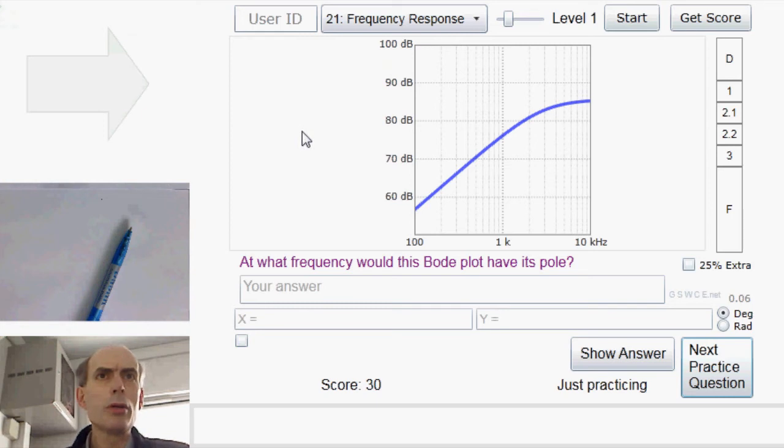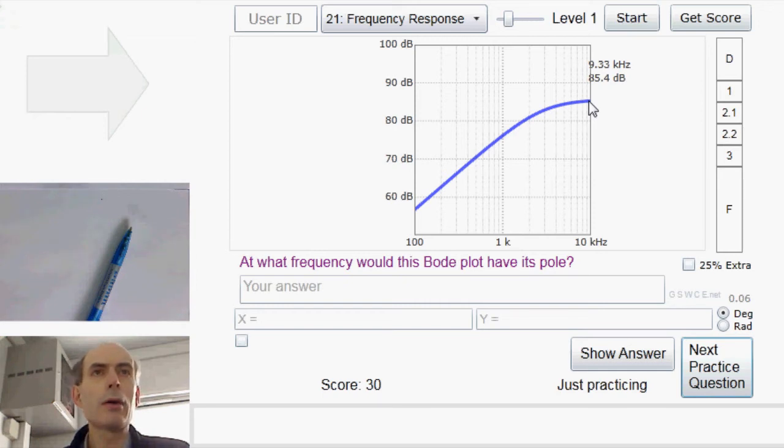Here we have one which we've got to look a little more carefully about. Let's see. We can't see this curve actually getting to its final asymptote level, but it's going to be at approximately this level here, which is 85.6 dB. And where are we 3 dB down on 85.4 dB?